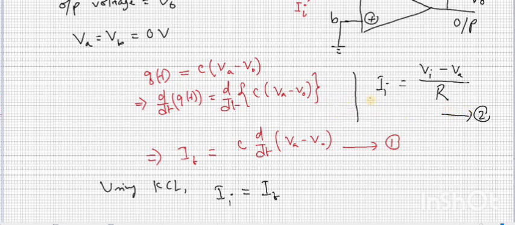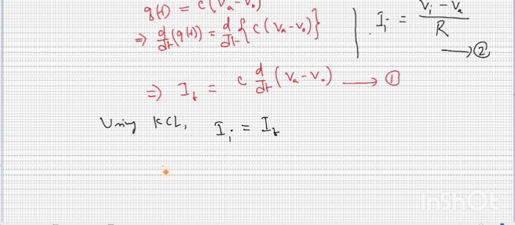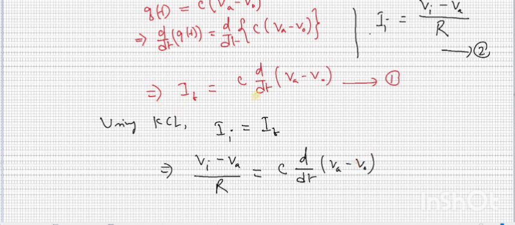Thus, we can equate equation 1 and equation 2, and we can write (Vi minus Va) by R is equal to C d by dt of (Va minus V naught).